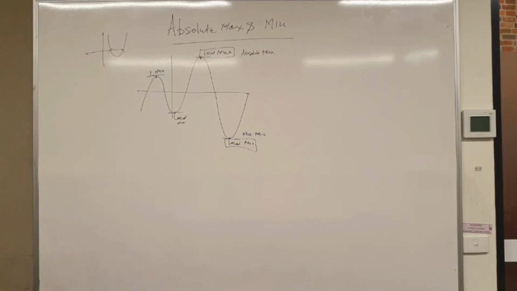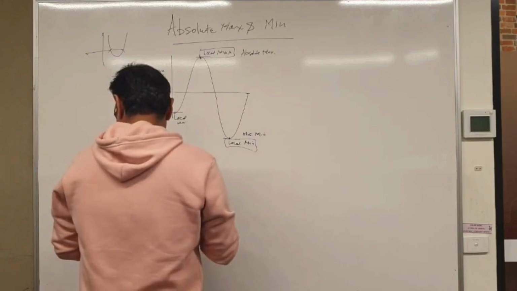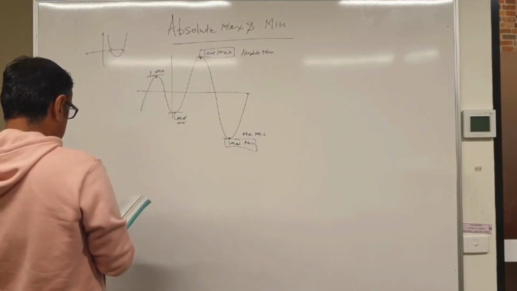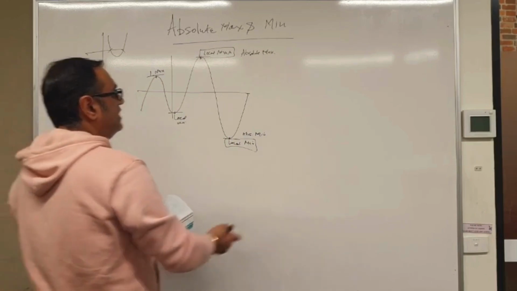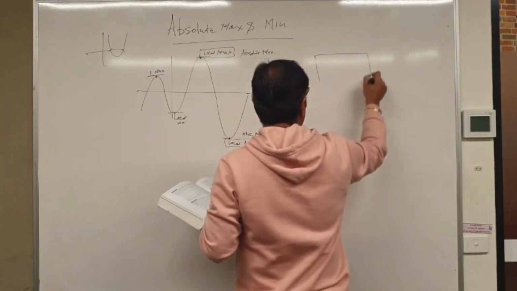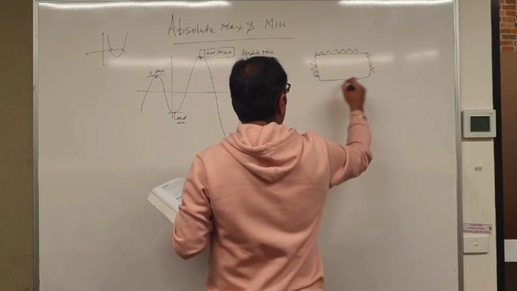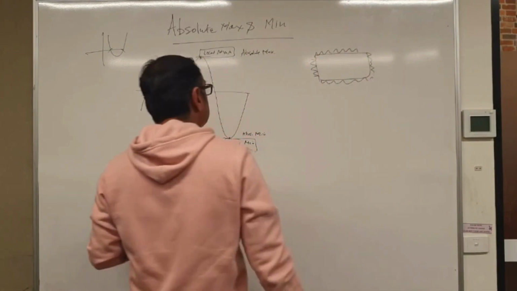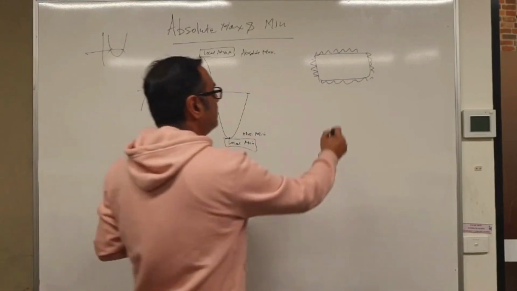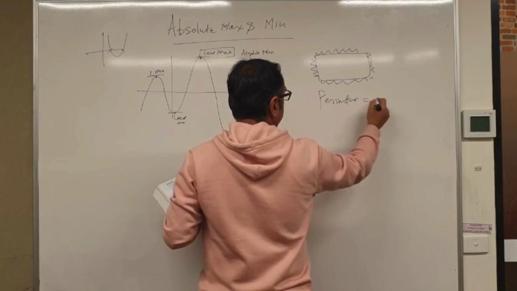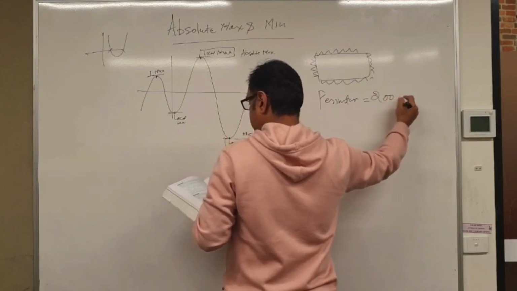The question says that there is a farmer who needs to fence a rectangular farm. The perimeter of the rectangular farm is 200 meters.